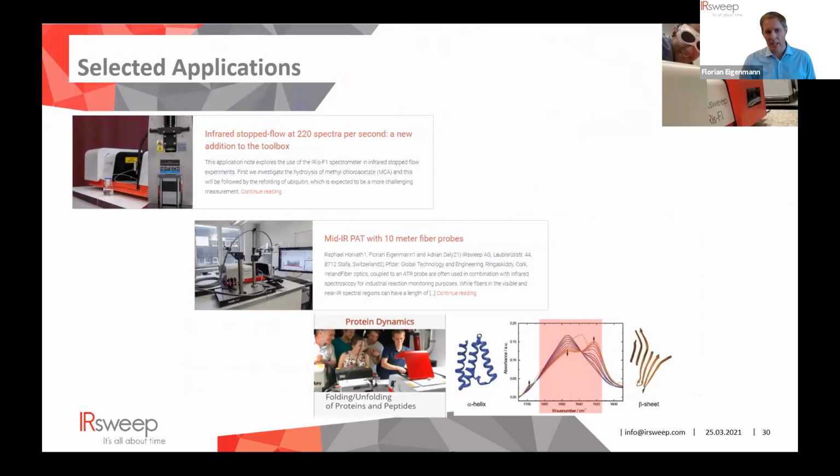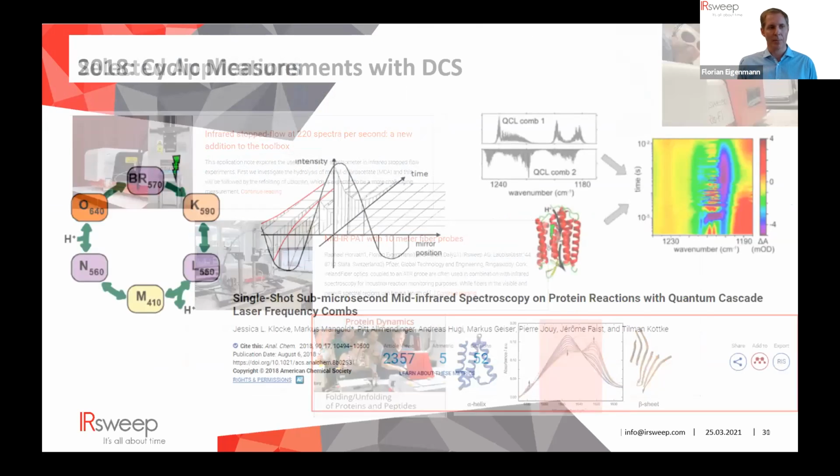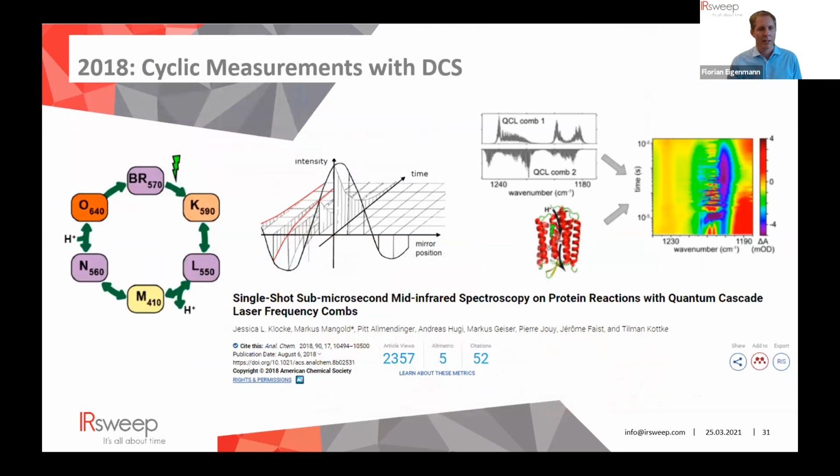Last but not least, I want to go now to protein dynamics, where we did a lot of work. As I mentioned before, in 2018 those results were already published about the cyclic measurements with dual-comb spectroscopy.